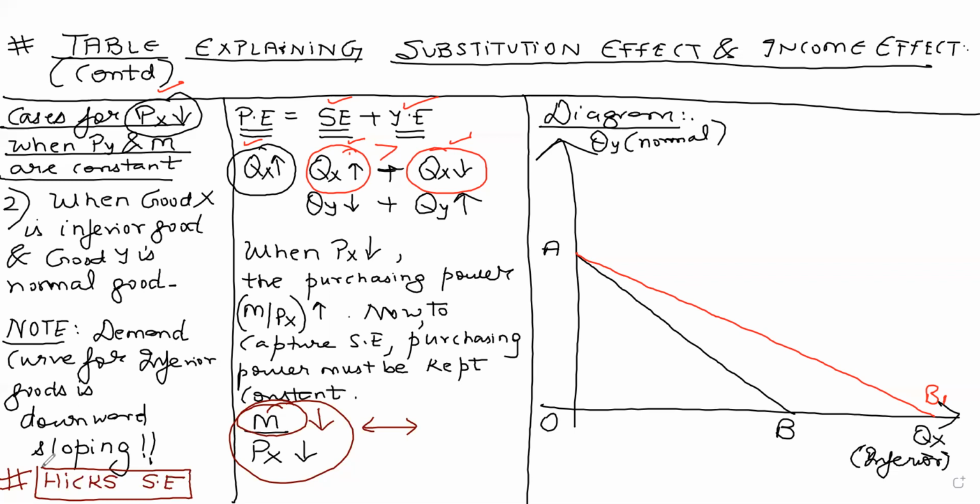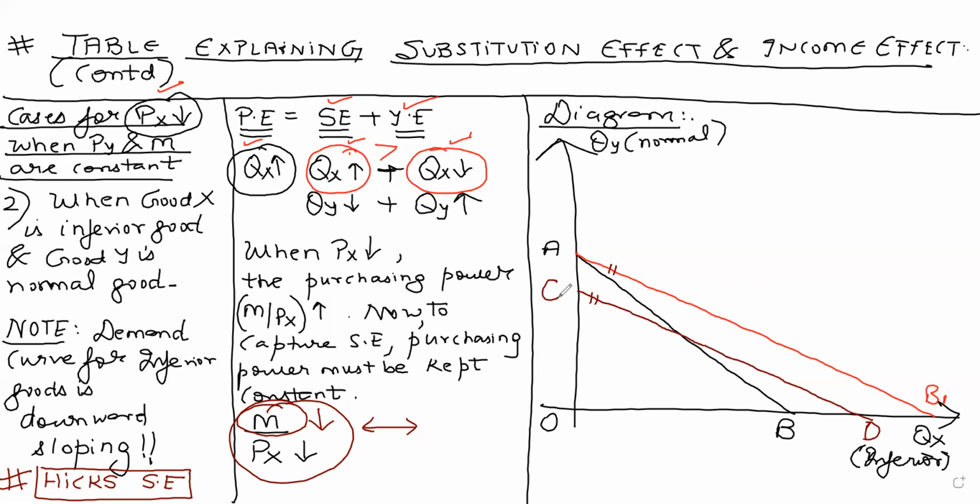Now guys, we are on the budget line AB1. When I take away income from the consumer, the budget line will shift parallelly inwards. This is my compensated budget line CD. Why compensated? Because to capture the substitution effect, we have to keep the purchasing power constant.